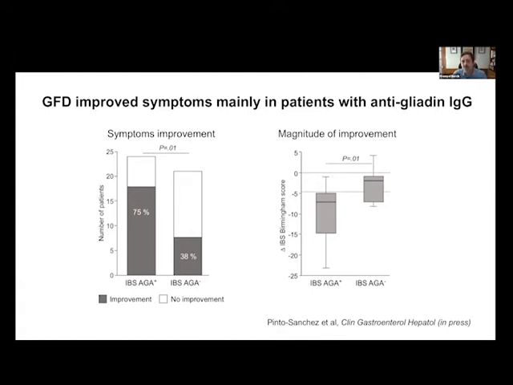And again, this goes very well with the placebo effect of 30 to 40%. On the right, you can see the magnitude of the improvement, looking specifically at change in Birmingham IBS score. Again, the magnitude of the effect is much more pronounced in patients with anti-gliadin IgGs.